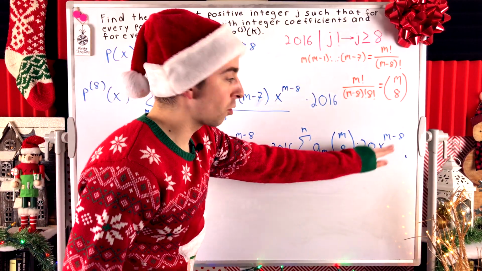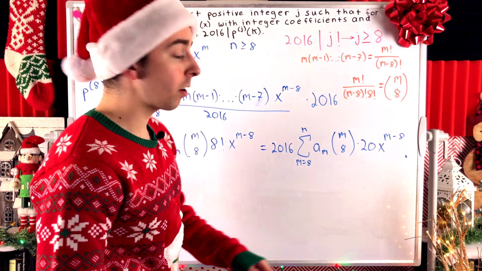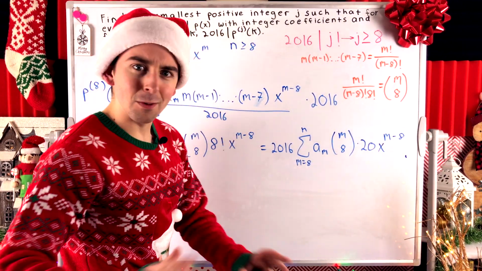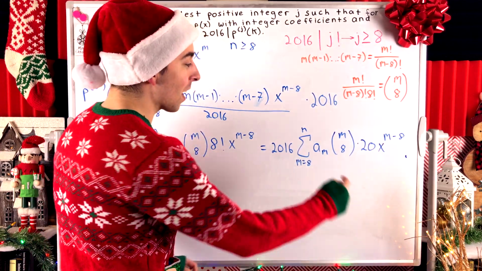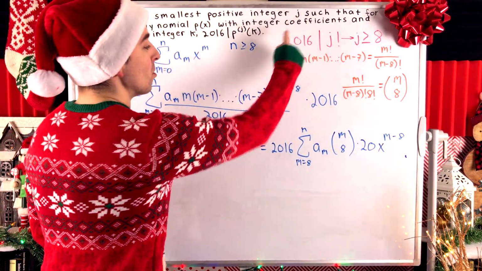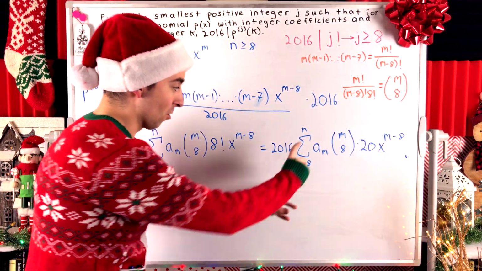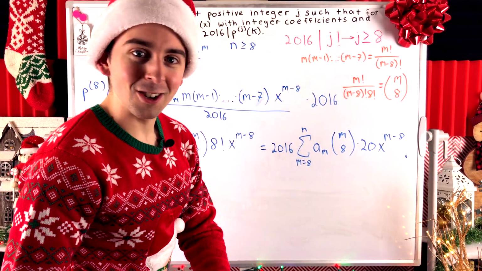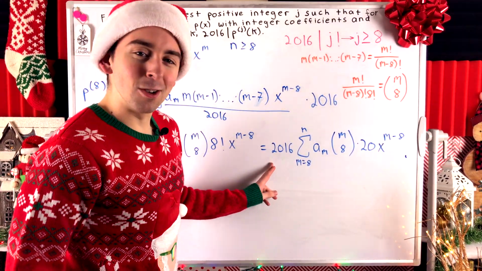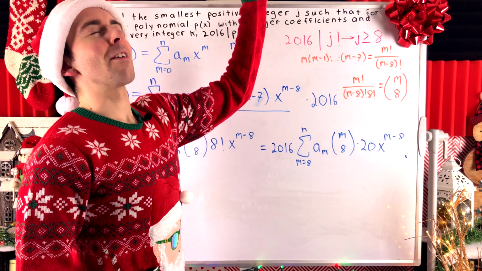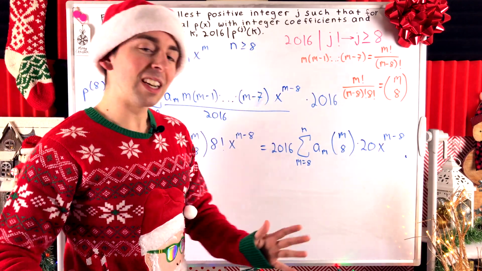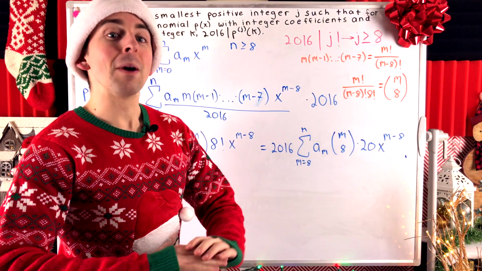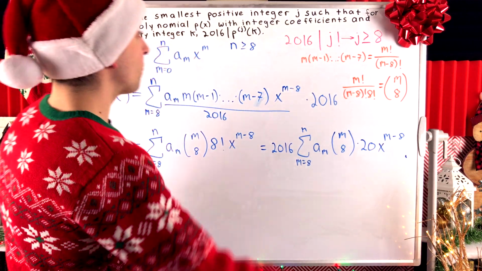So you'll have an integer to a non-negative integer power, which is an integer, times 20, which is an integer, times a binomial coefficient, which is an integer, times am, which is an integer. So in total, you've got an integer, and then you're adding up a bunch of integers, and then you're multiplying it by 2016. That, my friends, is an integer multiple of 2016, which by definition is divisible by 2016.